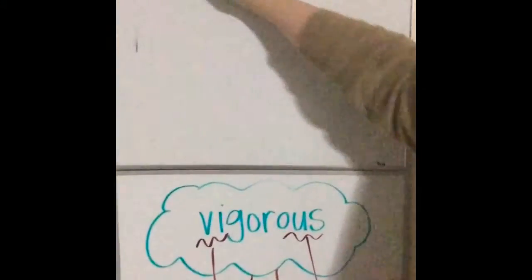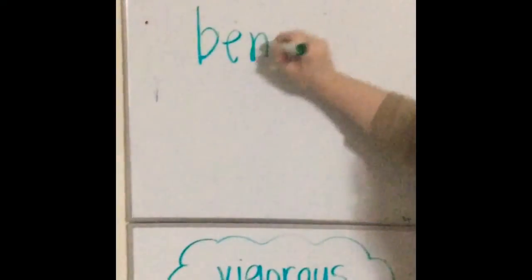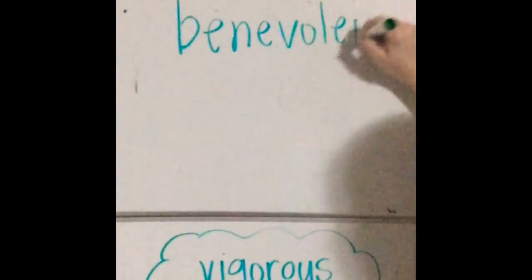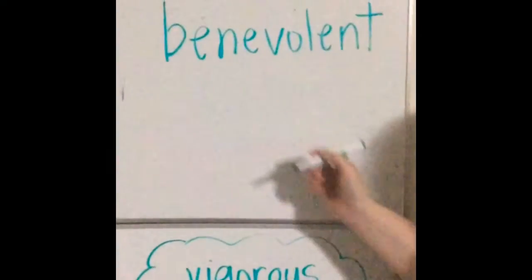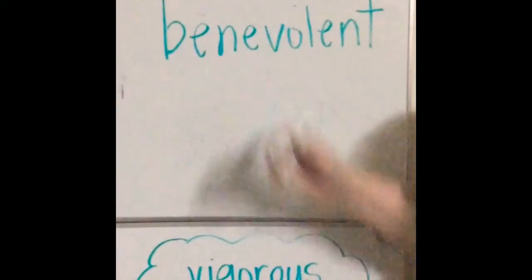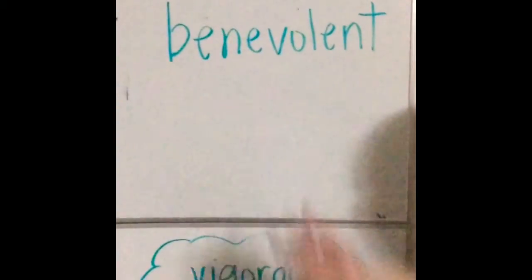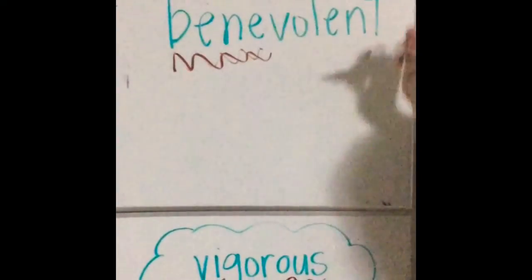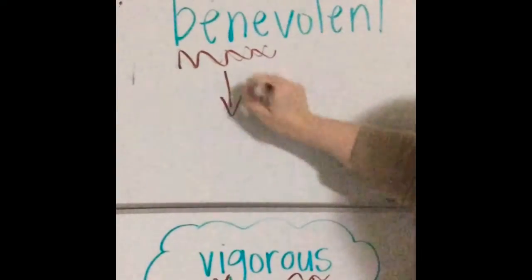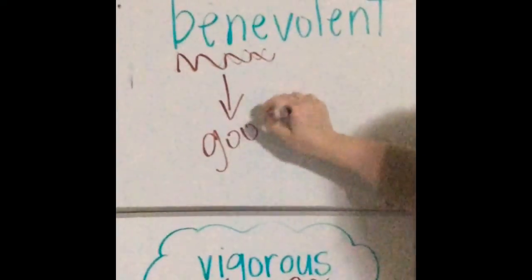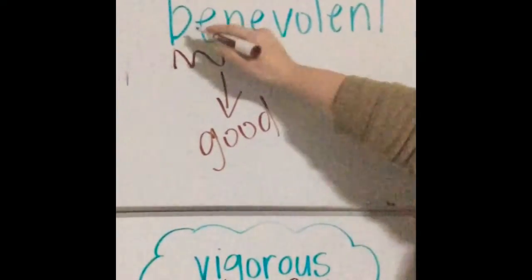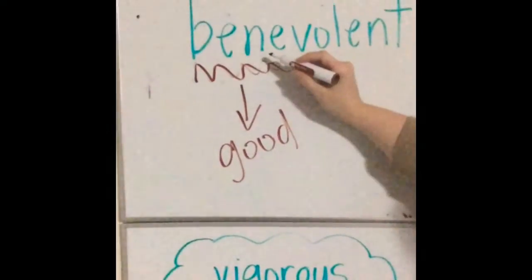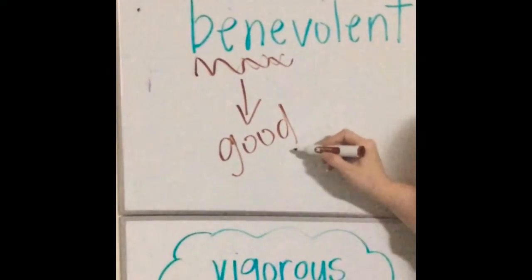One of the words that you'll see is benevolent. This one is really simple. All I need to decode is this very first half. Bene is a Latin root meaning good. If I see the word benevolent, if I see bene, I know the word means good.